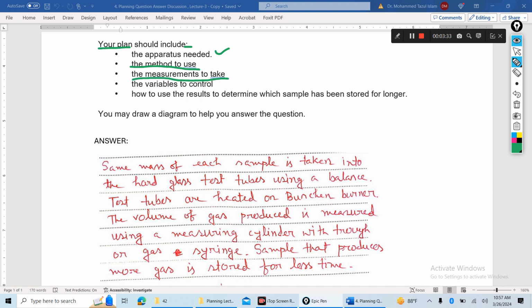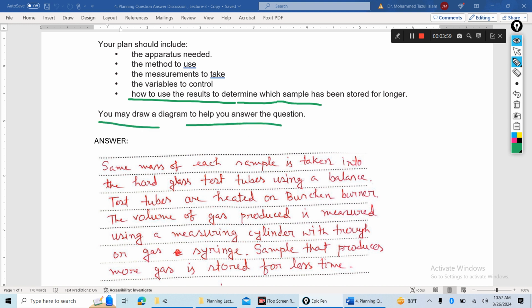If you measure volume of gas, you have to write what measurements you take, the variables to control, and how to use the result to determine which sample has been stored for longer. By using your result, how can you conclude which sample has been stored for longer time? You may draw a diagram to help you answer questions.